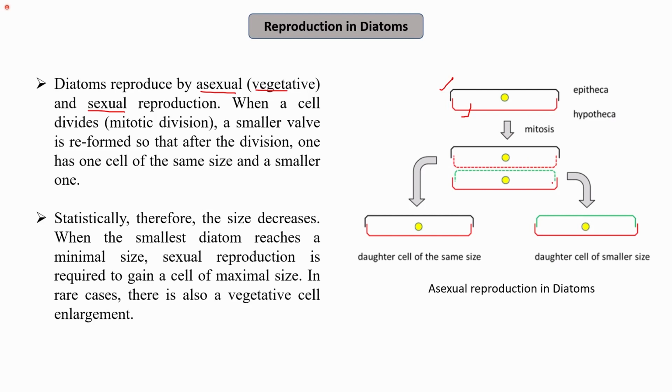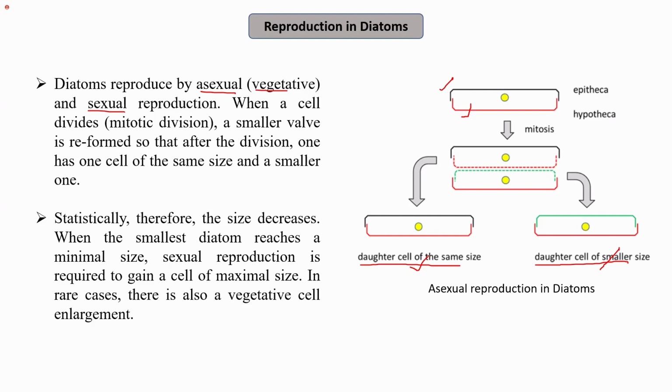And whenever the new part is formed, it is always smaller compared to the older part. So firstly it will produce a daughter cell of the same size, and the other daughter cell which will be produced will be of smaller size, right? The one in which the hypotheca remains the same will be of smaller size, while the one in which the epitheca remains the same will be of the same size as the parent cell.